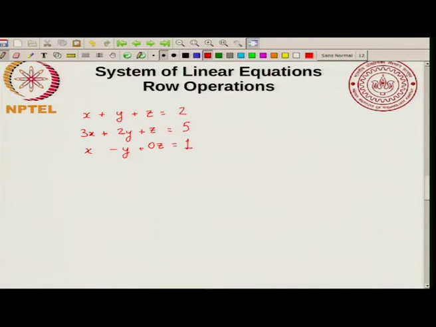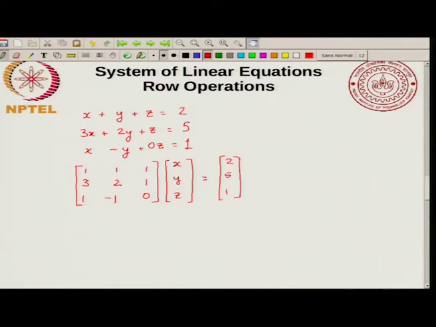So suppose I take this system of equations. Now, you can solve for x, y, z. I will write this in the following form: the matrix 1 1 1, 3 2 1, 1 minus 1 0, multiplied by x y z, is equal to 2 5 1.